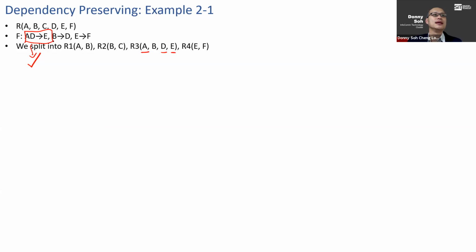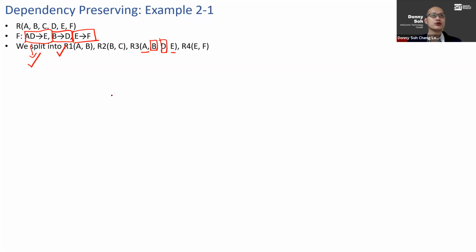Let's look at the second table, which is B, D. In the same way, we can also say that this is definitely preserved because I have B and D on the same table. And so this is also definitely preserved. E F, do you think this is preserved?